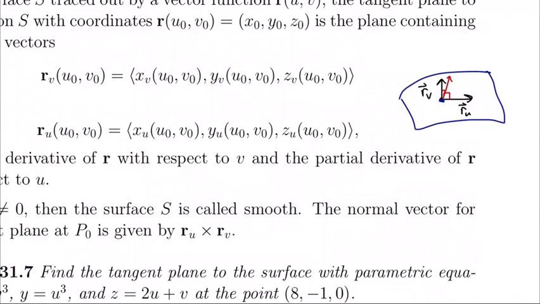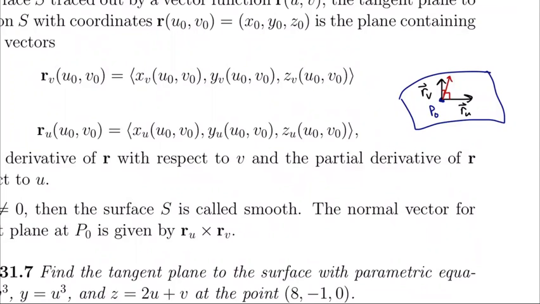Now, what we've already realized is that to parametrize a plane, we could give this in two different ways. It could be the linear combination of r_u, r_v at the point p naught. Remember, p naught is the initial point for these two vectors.